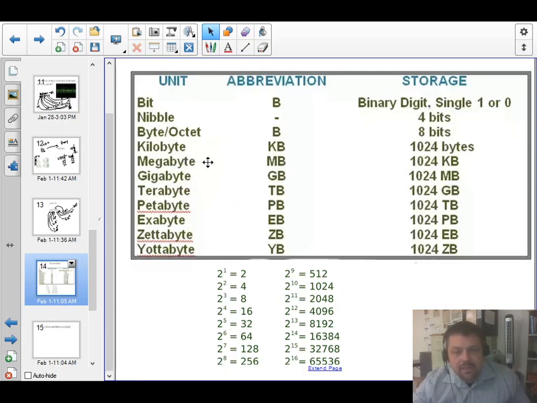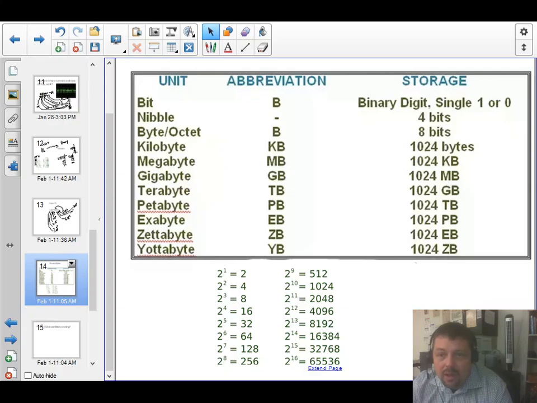So megabytes. Megabytes are 1,024 kilobytes. Each one is 1,024 times the other, 10 more powers of 2 times the other. So 1,024 kilobytes is a megabyte, which is 1,024 times 1,024 times 8 bits, or ones and zeros. Just out of curiosity, let's see what that is. Times 1,024 times 8.